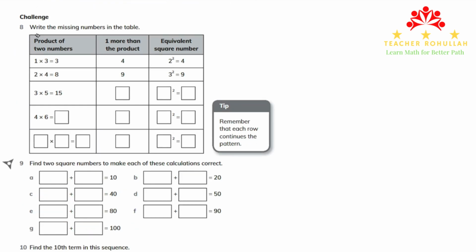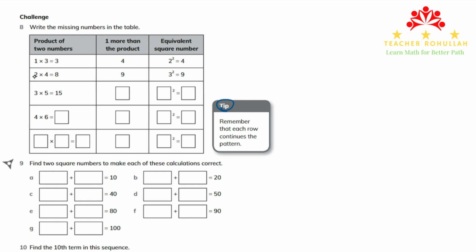In question 8, it says, write the missing numbers in the table. There is a tip over here. This tip says, remember that each row continues the pattern. So we will start from the left. We have 1 times 3 equals 3. Then the pattern continues.